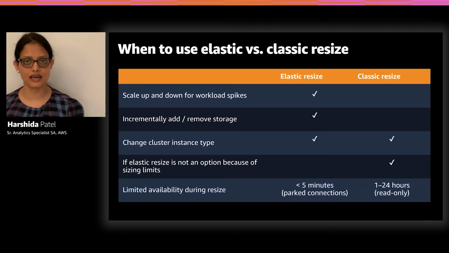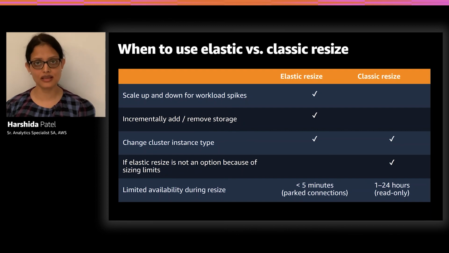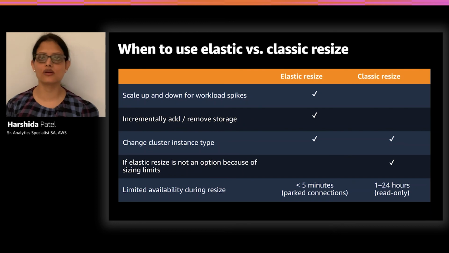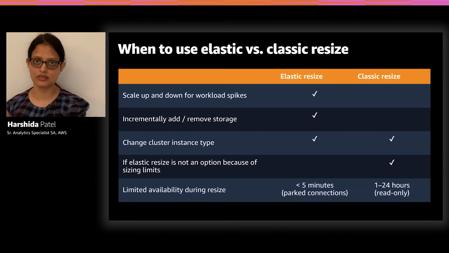With classic resize, if you have an existing cluster and you want to encrypt that cluster, behind the scenes Redshift uses classic resize. With both elastic resize and classic resize, you can change the instance type and you can change the number of nodes. With elastic resize, for example, if you have RA3 4xlarge or RA3 16xlarge, it allows you to go 2x the size or 1/3 the size of that cluster and every incremental point in between.